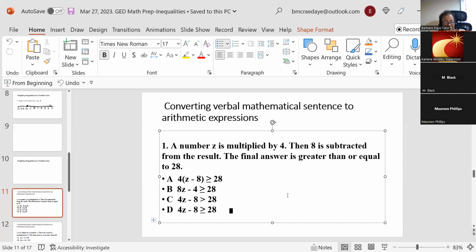And A is saying 8 is subtracted from a number Z and then multiplied by 4. So that's not the same as what we just said here. I think I see this, and I chose D for the answer. Okay, so that's answer D.